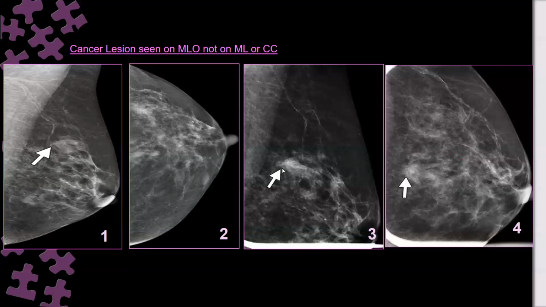This arrow is the area of asymmetry. It persists and becomes more obvious than the rest of the breast tissue, which fades away, while the lesion becomes more clear and more dense. That means this is a real lesion. This is the benefit of the spot magnification view.